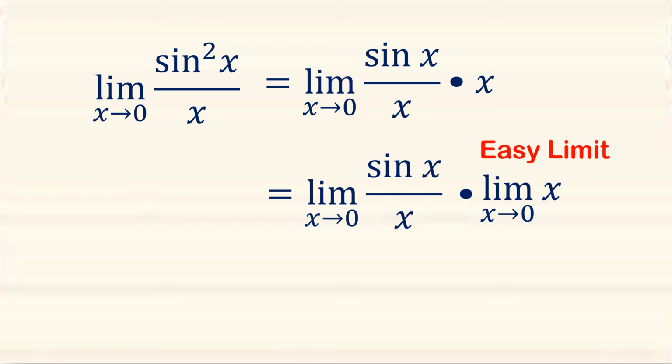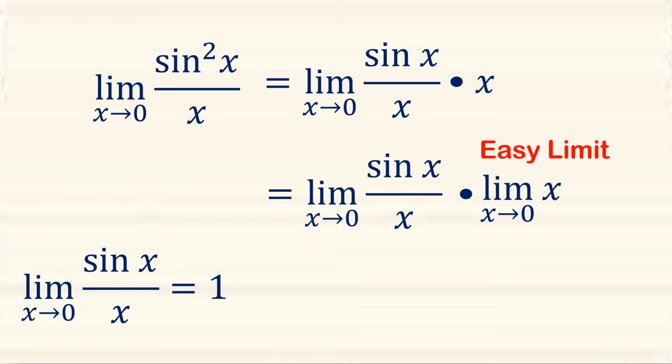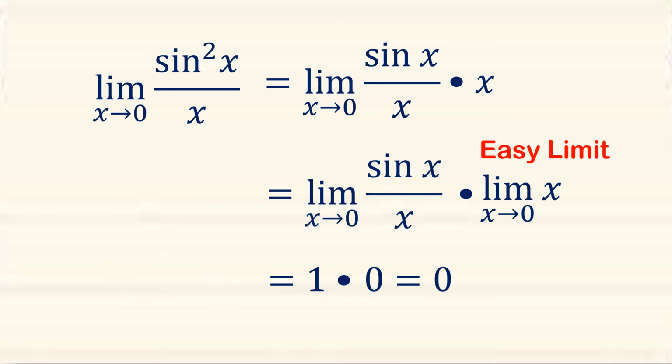So we are going to substitute the value of x. Automatically, limit x as x approaches 0 is 0. Then we have the identity limit sine x over x as x approaches 0 is equal to 1. So 1 times 0 is equal to 0. So limit sine squared x over x as x approaches 0 is equal to 0.